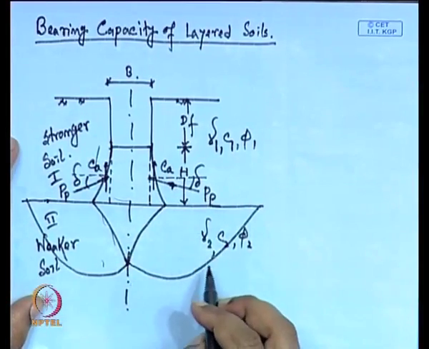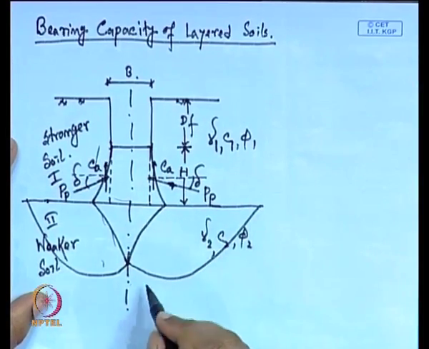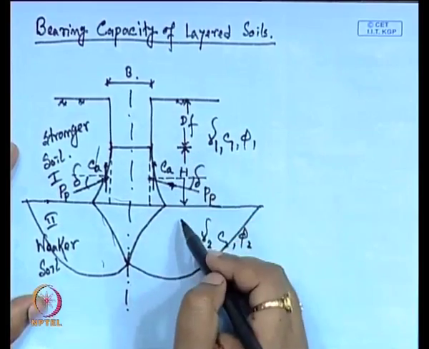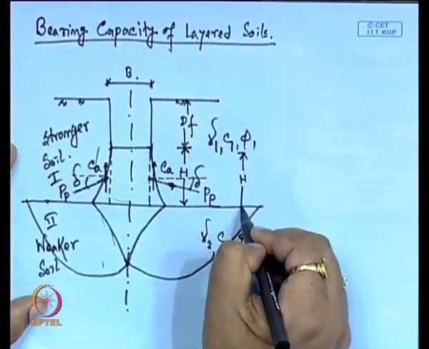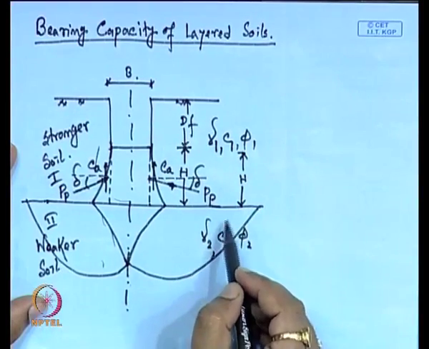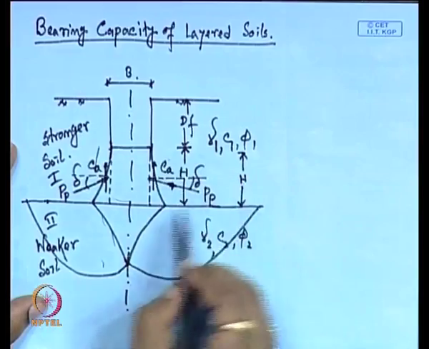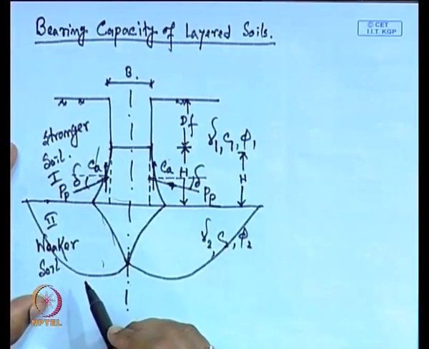This is P P, the passive resistance. Another thing, if this H value, which is the depth of this layer from the base of the footing, is relatively small, then we will get this type of failure surface.